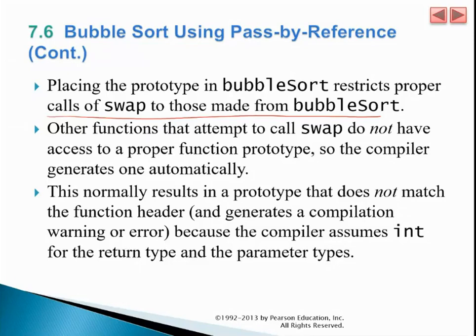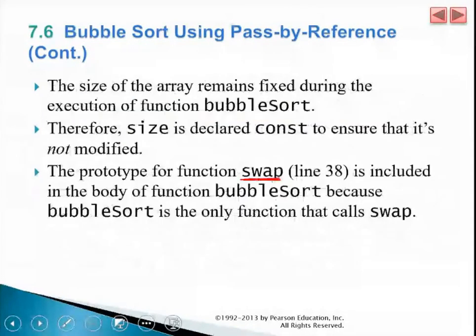So if you want that much security as well, try to write the prototype inside the function in which it is only used, to avoid other functions unnecessarily calling the swap function and making changes, because of the reason being this address.